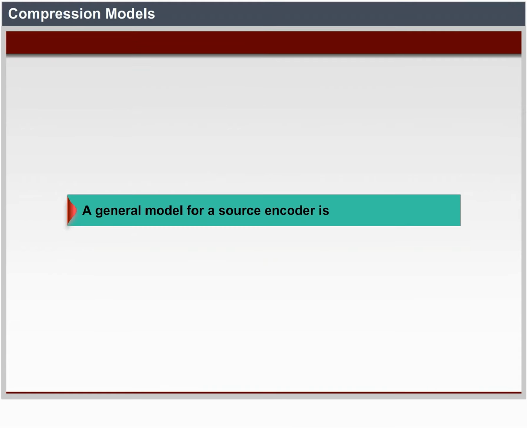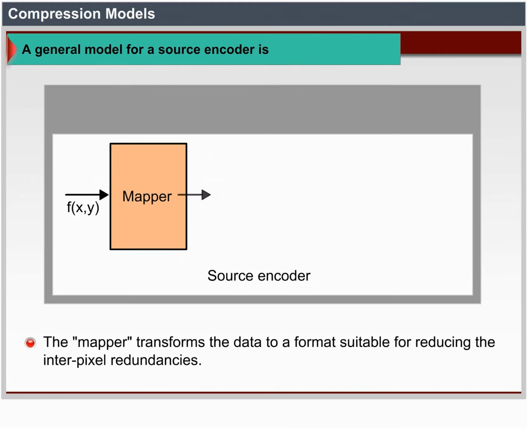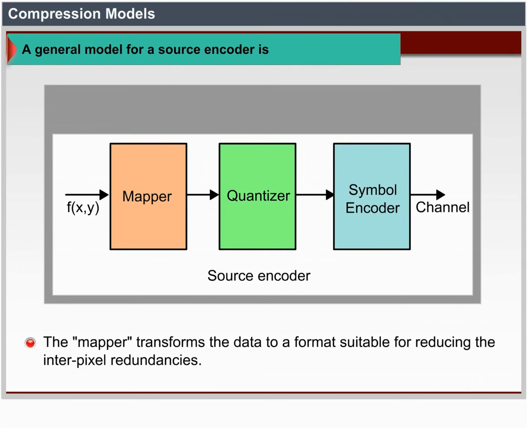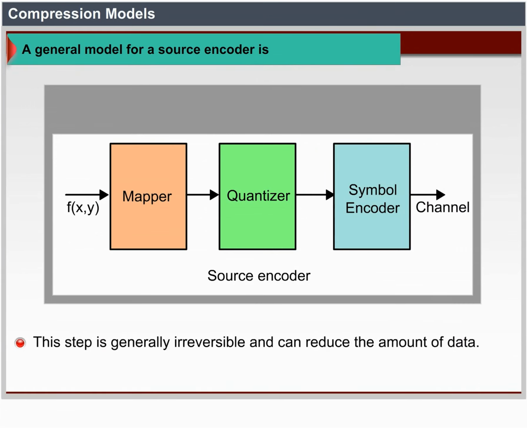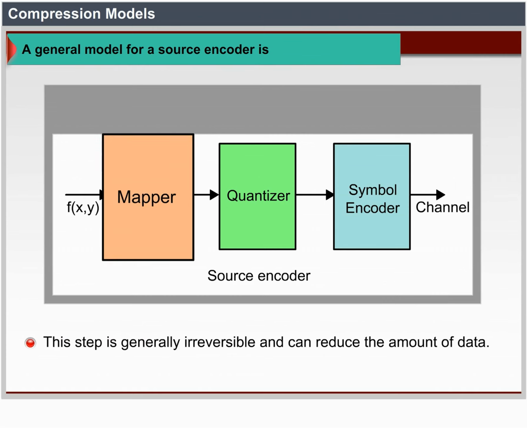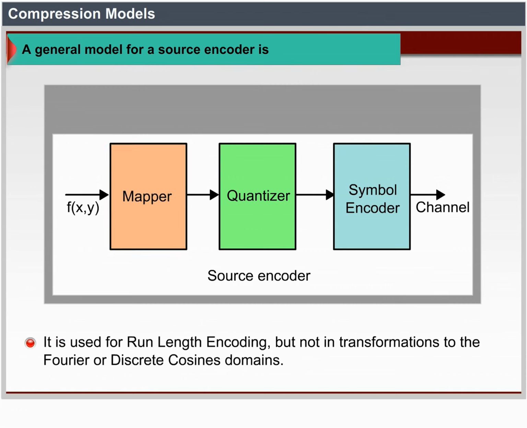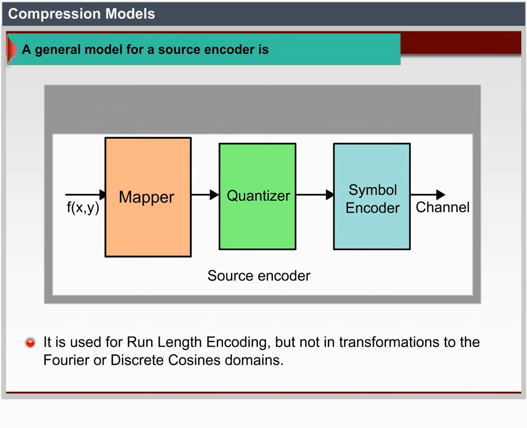A general model for the source encoder is shown. The mapper transforms the data to a format suitable for reducing the interpixel redundancies. This step is generally reversible and can reduce the amount of data. It is used for run length encoding, but not in transformations to the Fourier or discrete cosine domains.